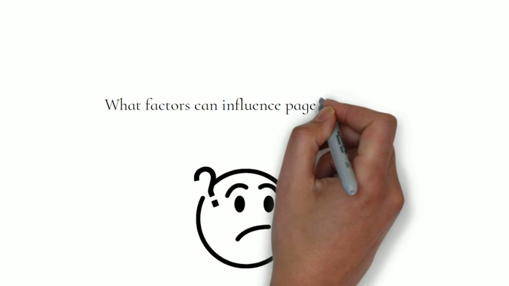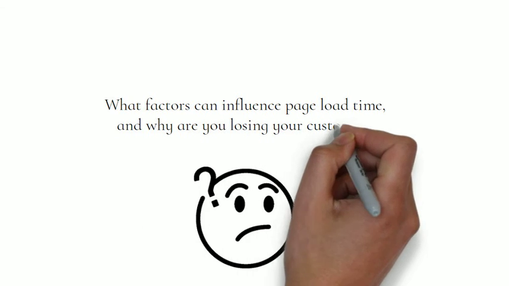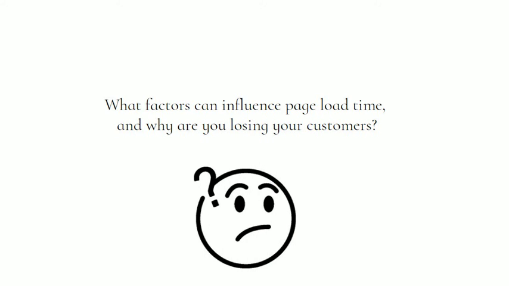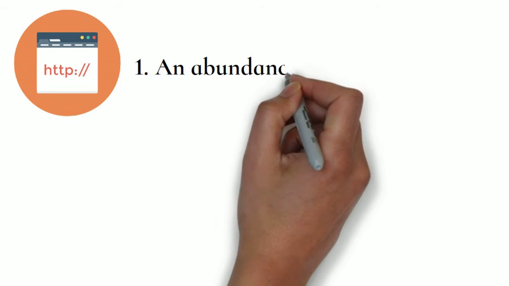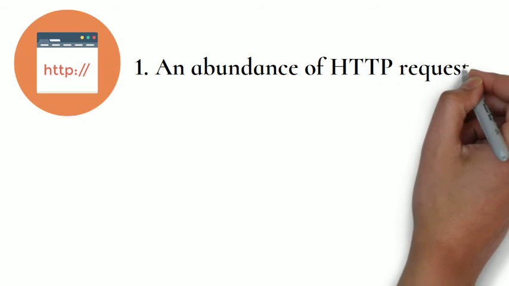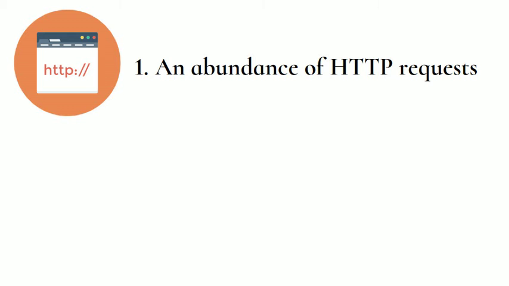So what factors can influence page load time and why are you losing your customers? Quite frankly, there are many factors that can affect page load time, but we will only talk about 5, the most basic ones. So first is an abundance of HTTP requests. Whenever the browser needs to retrieve a page, file, or image from a web server, HTTP requests are made.